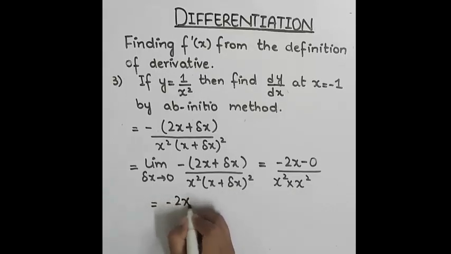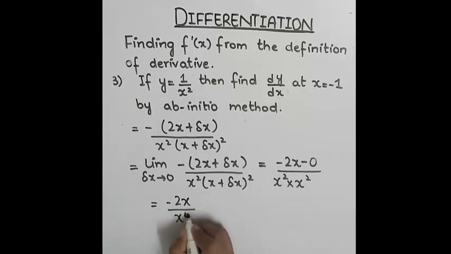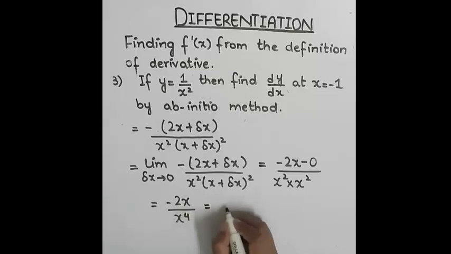So minus 2x over x square into x square, that is x to the power 4. Now minus 2 times x and x in the denominator cancel, so we are left with x power 3.